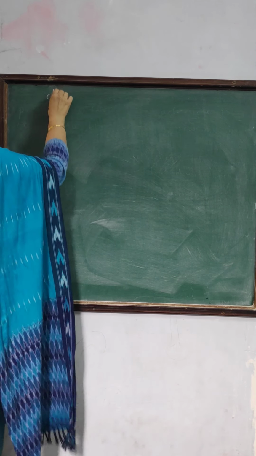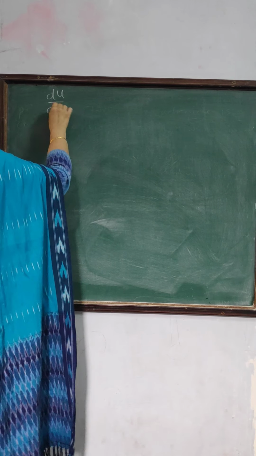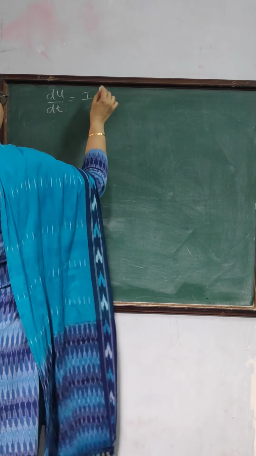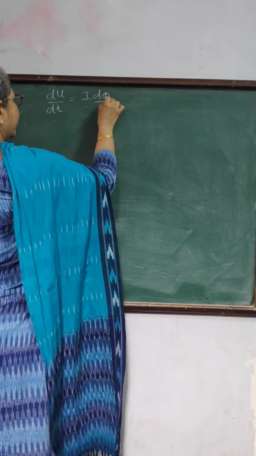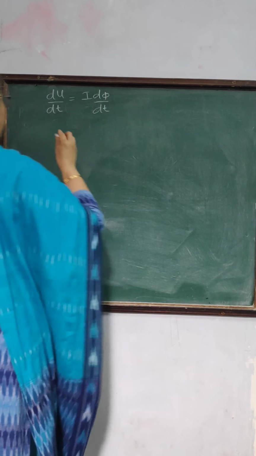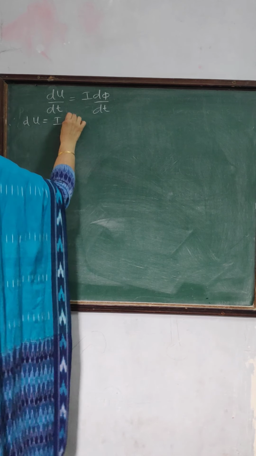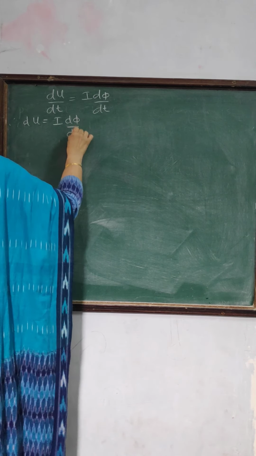So our first equation is du by dt. This is the rate at which the work is done, and that is equal to I into d phi by dt. This we can write as du is equal to I into d phi by dt.